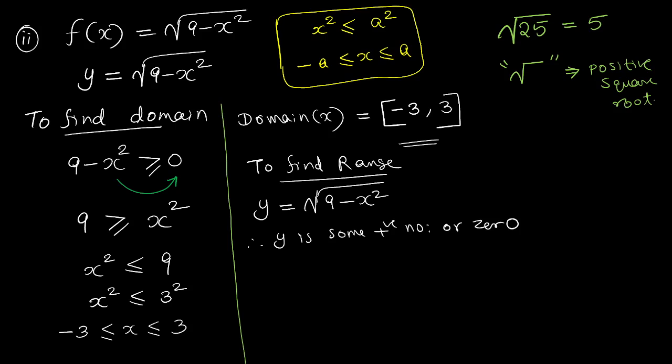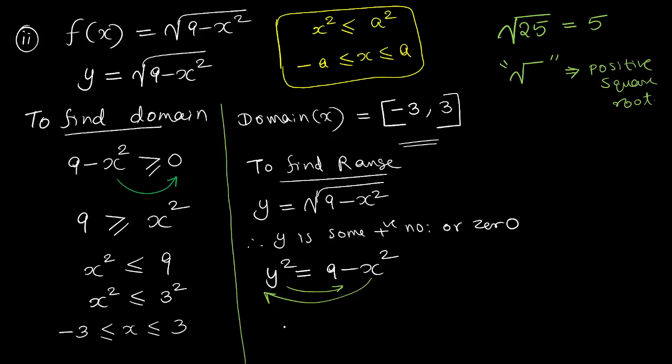Let me square both sides. What happens? Y square equal to, if you square the right side, the root symbol will be removed, right? You can ask me doubts after completion, okay? I just squared both sides. Let me do some rearrangement. This is taken to this side, this is taken to that side.